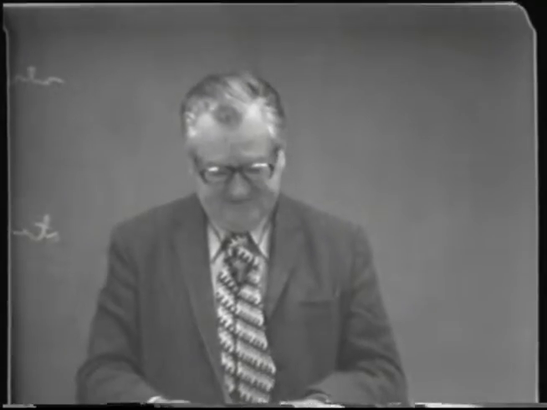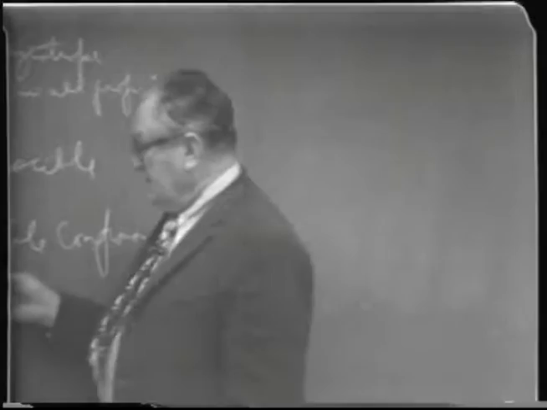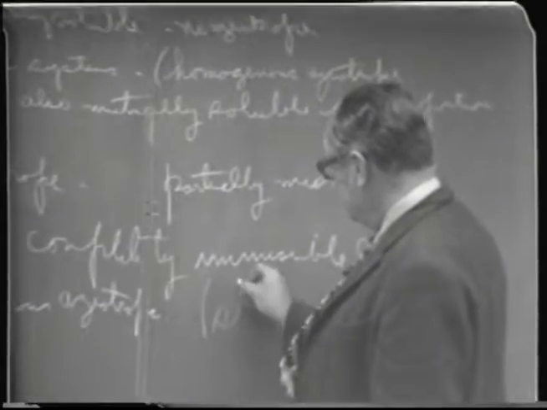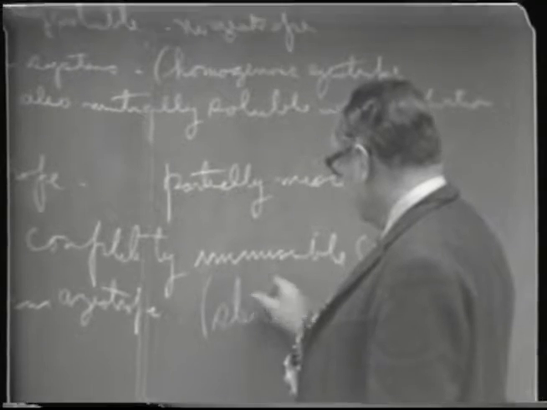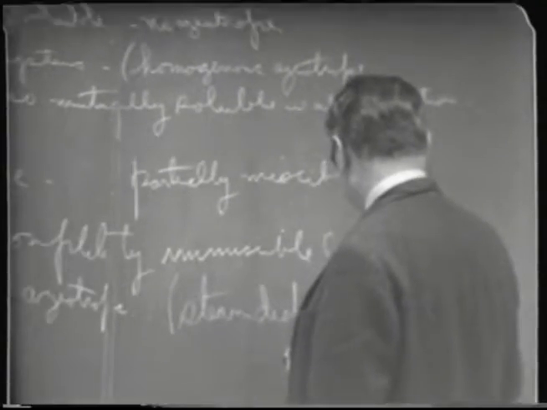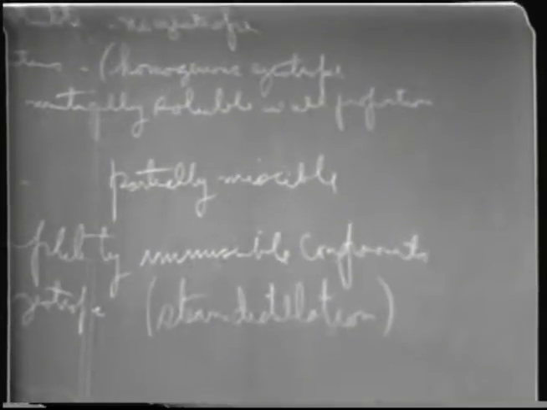And so I'd like to go through this. An example of this behavior, which is sometimes called the steam distillation. We probably had this discussed in chemistry at one time.